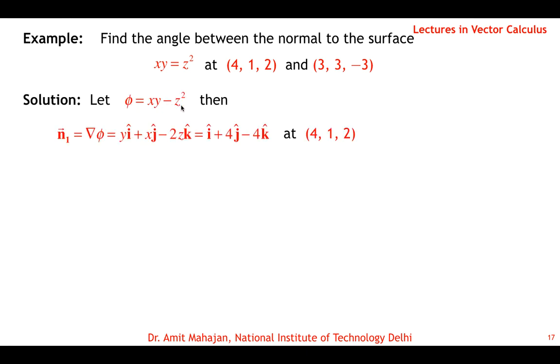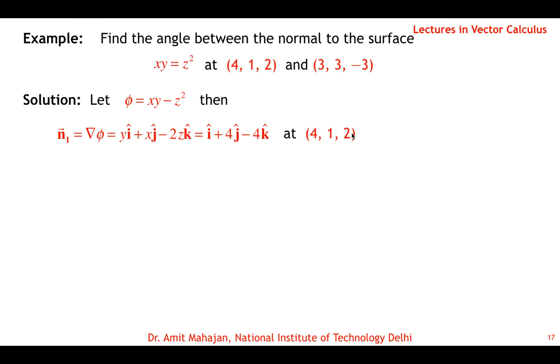So given this surface phi equal to xy minus z square, the normal at 4, 1, 2, which we denote by n1, is gradient phi at 4, 1, 2. The gradient of phi is: x derivative, which is y i cap, y derivative is x, so x j cap, and z derivative is minus 2z k cap.